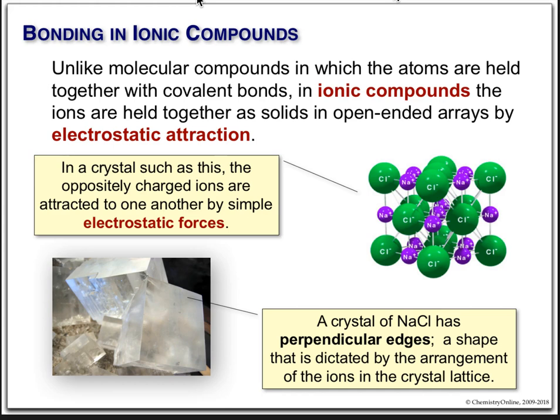You can see that in the actual crystal. This is a nice crystal of sodium chloride. You have sharp edges, a nice cubic shape to the crystal. Again, it's just a big array of these guys, on and on and on, held together electrostatically because one's positive and one is negative.